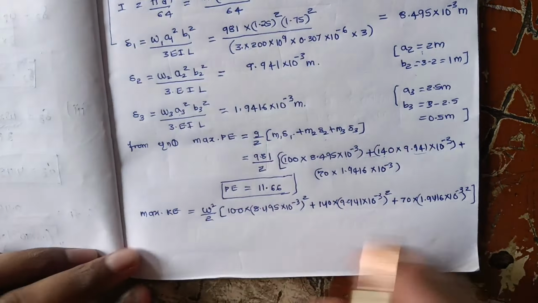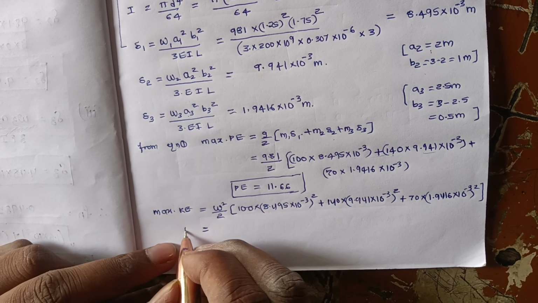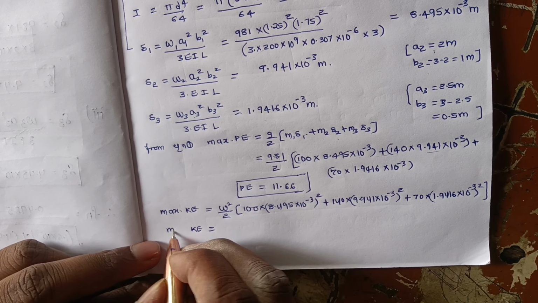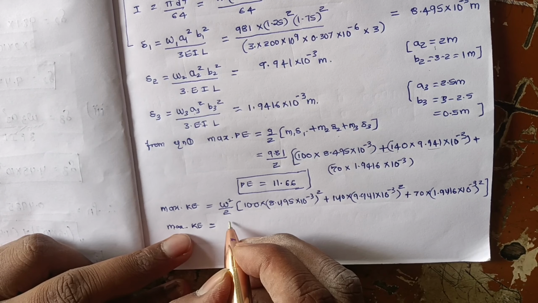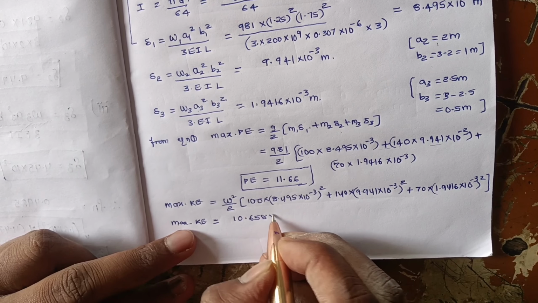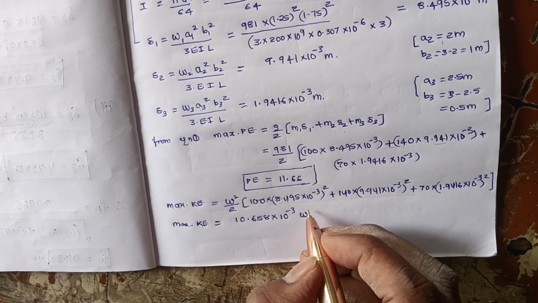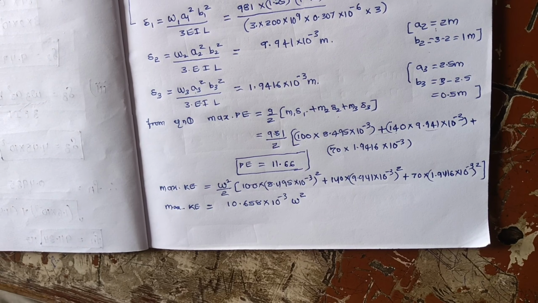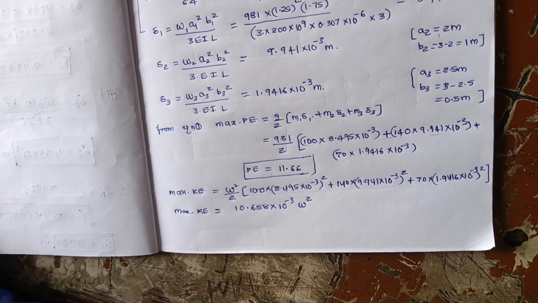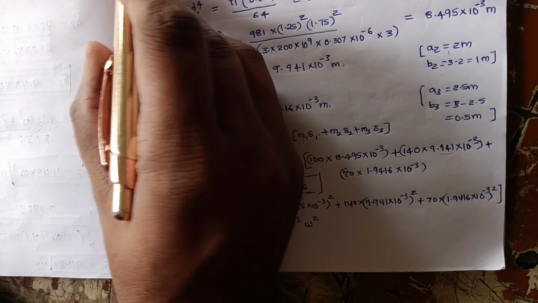So finally we will get the value of maximum KE, 658 × 10^-3 in terms of omega squared. But here we need to find out the natural frequency.